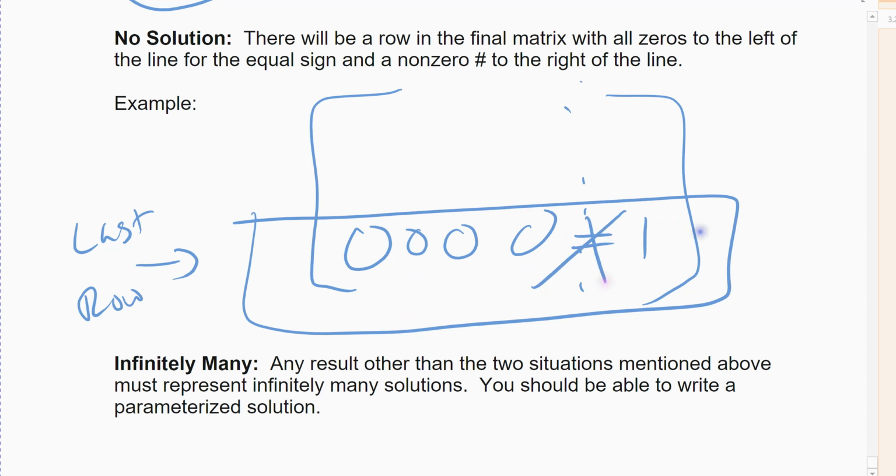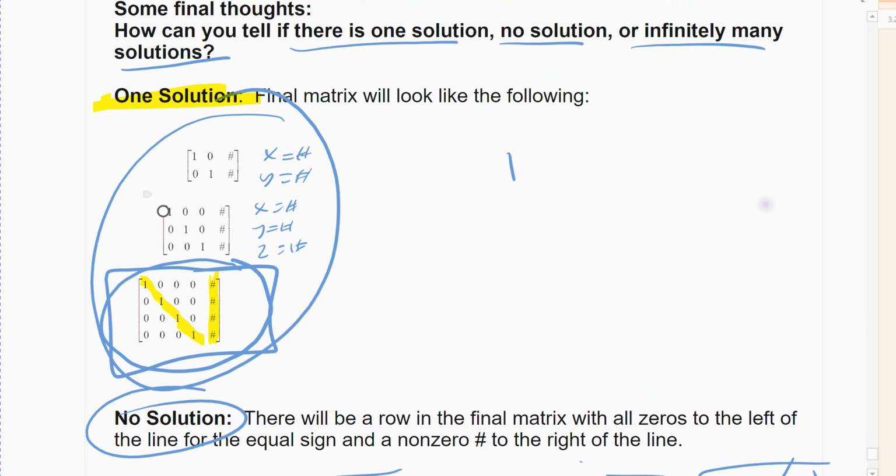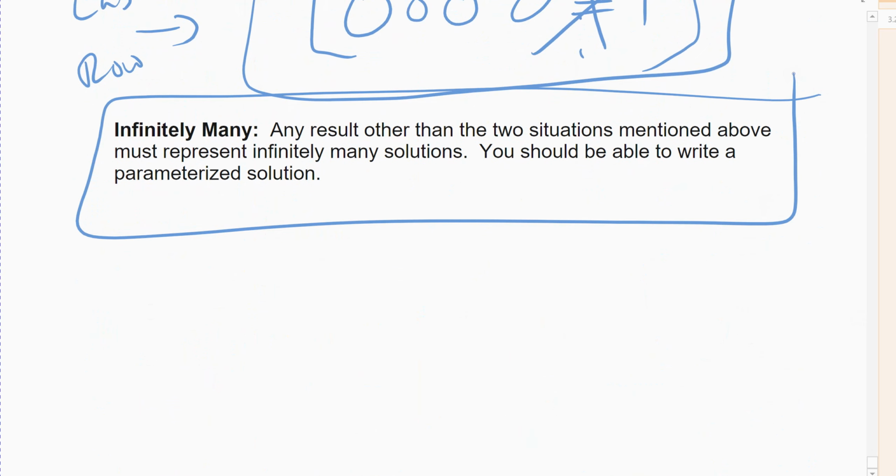That's always the no solution case, because that's saying not 0 equals 0, but 0 equals 1. And so that's false. And so whenever you get the very last line 0, 0, 0, 1, and it's always going to be 1 because of how the program works, so whenever it's 0 equals 1, false, no solution. Anything else is the infinitely many case. So if you don't get a false statement, and you don't get your nice diagonals of 1s and your constants, by default, it's got to be the infinitely many case.